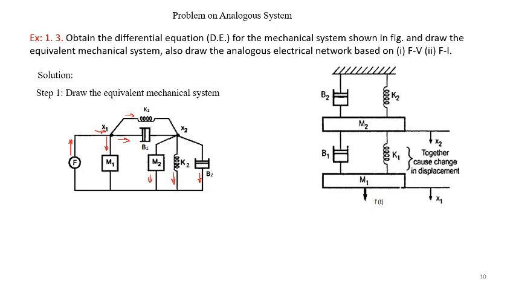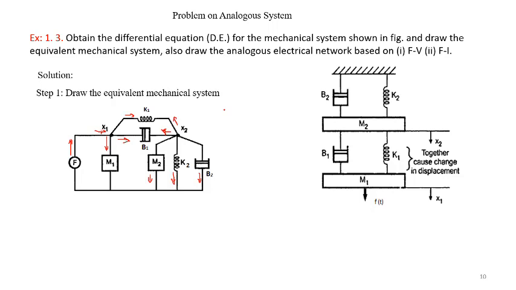It also dissipates in this direction and in this direction, so the net displacement occurs between X1 and X2. This is the equivalent mechanical network system, the first step.